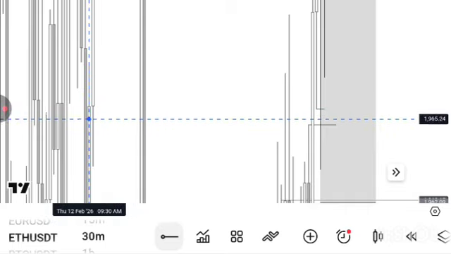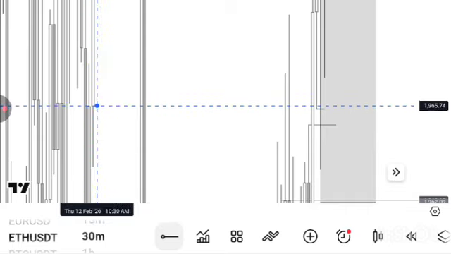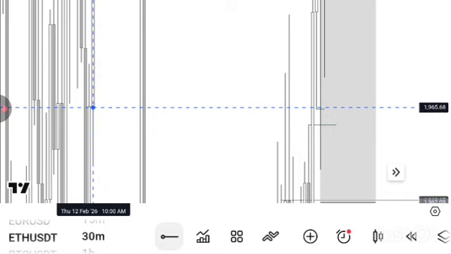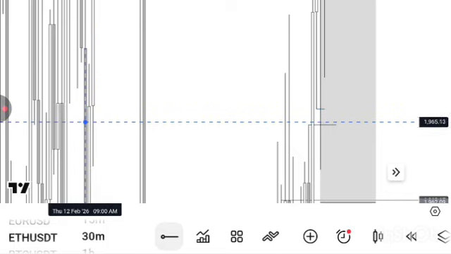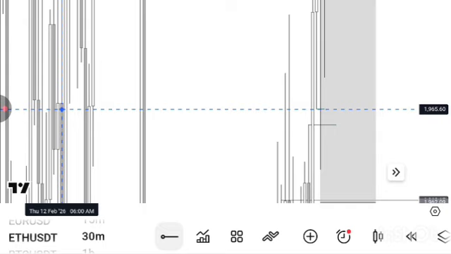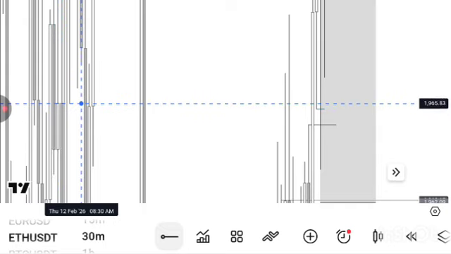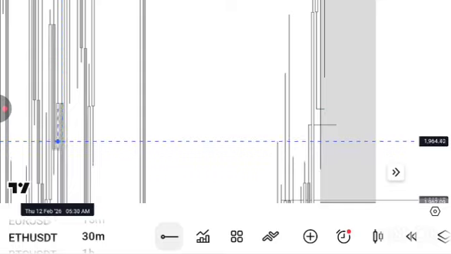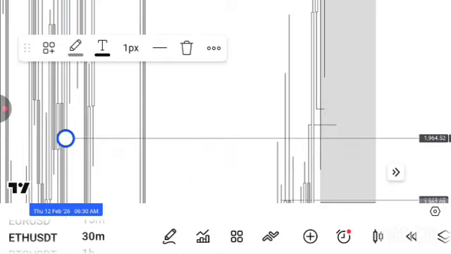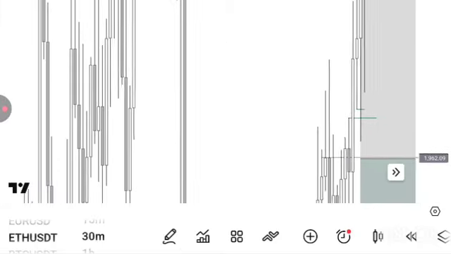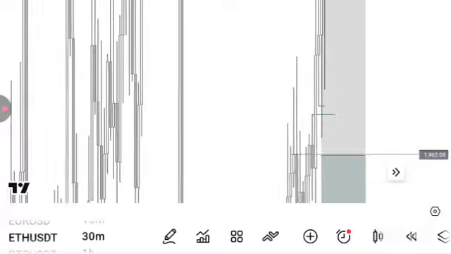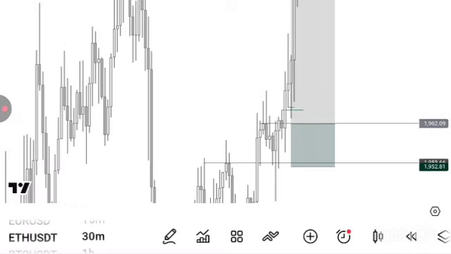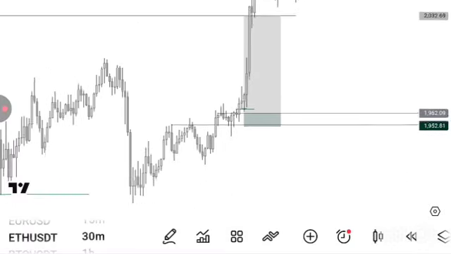If you shrink your chart to the left hand side, you actually see that price used a level here. Okay, I don't think this is the part, this is the level price used, right? Let me go to the H4 time frame.